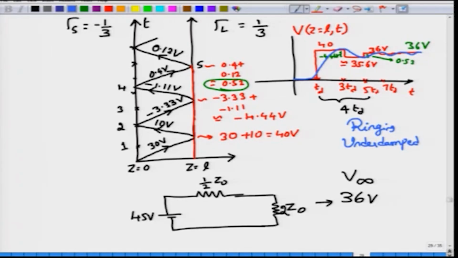Okay. So, this phenomenon will happen when either of gamma S or gamma L has a negative value. When the reflection coefficient is negative, if the incident wave has a positive sign, then the reflected wave, whether from the source or from the load, will have a negative sign, and if the incident wave has a negative sign, then the reflected wave will have a positive sign.